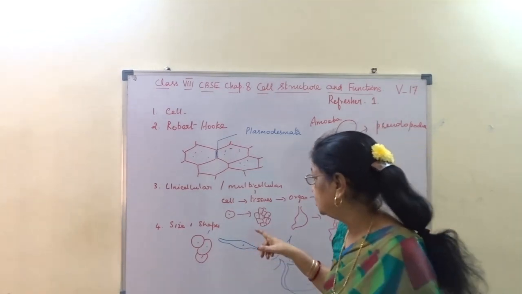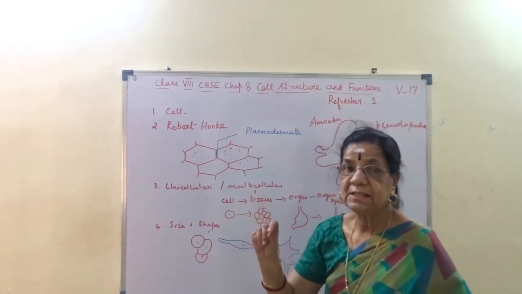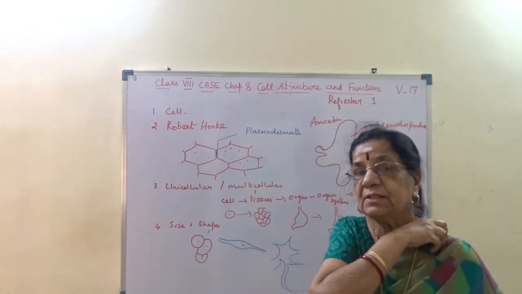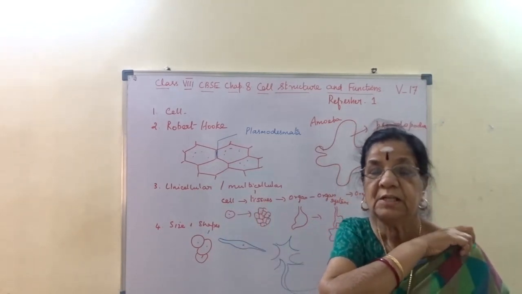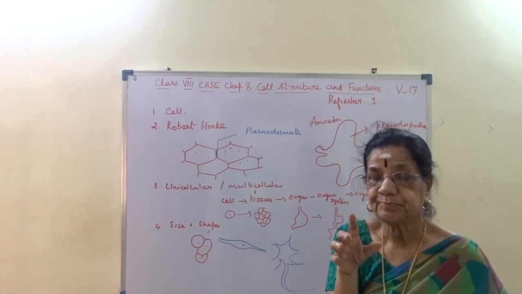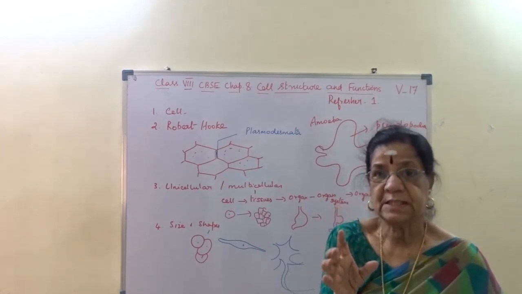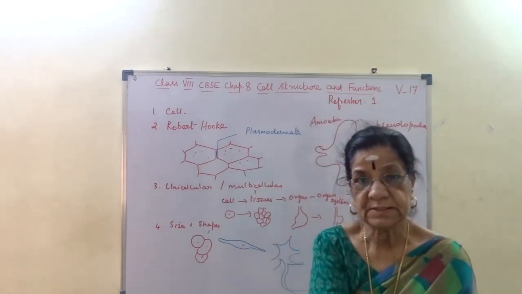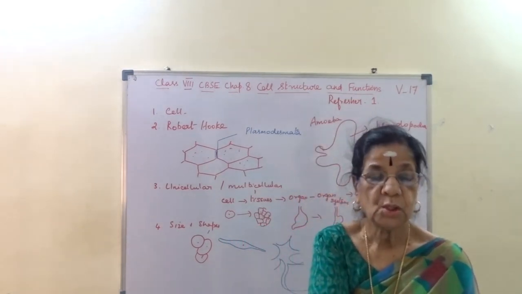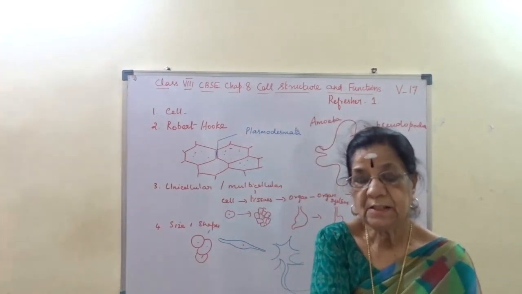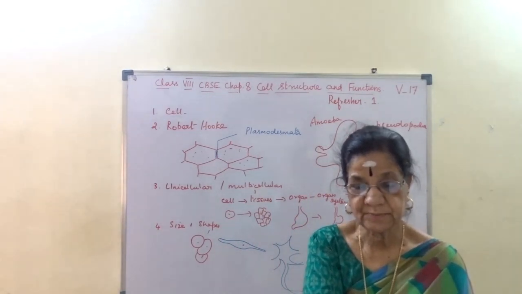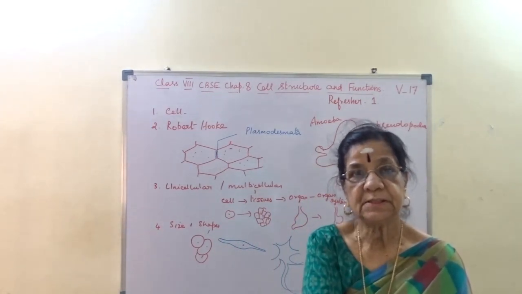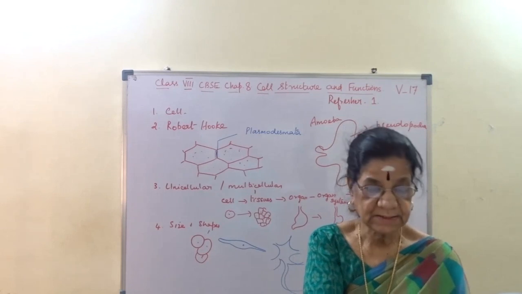So you should know the difference between cell, tissue and organism. Okay, so WBC is a cell, whereas amoeba is an organism. But both show movement. Single cell, both show movement. Sure?